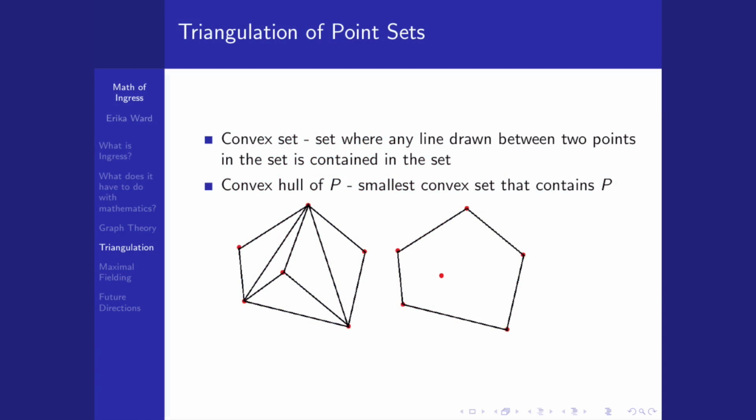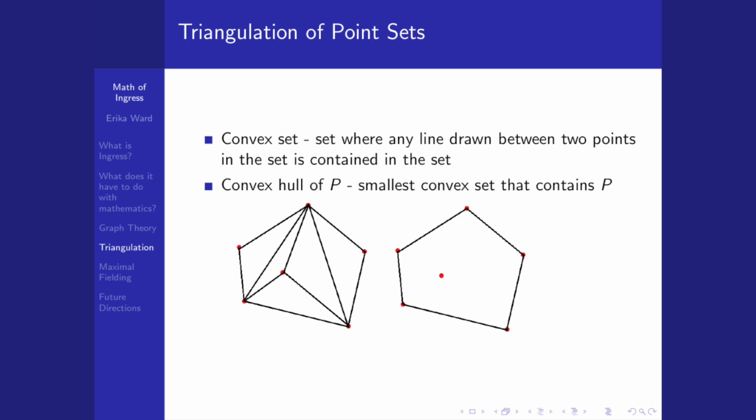We need some more vocabulary. A convex set is a set where if you take 2 points in it, the line you draw between them will stay inside the set. What does that mean? Well, a circle would be a convex set. You pick 2 things inside it, the line you draw between doesn't leave the circle. How about a triangle?